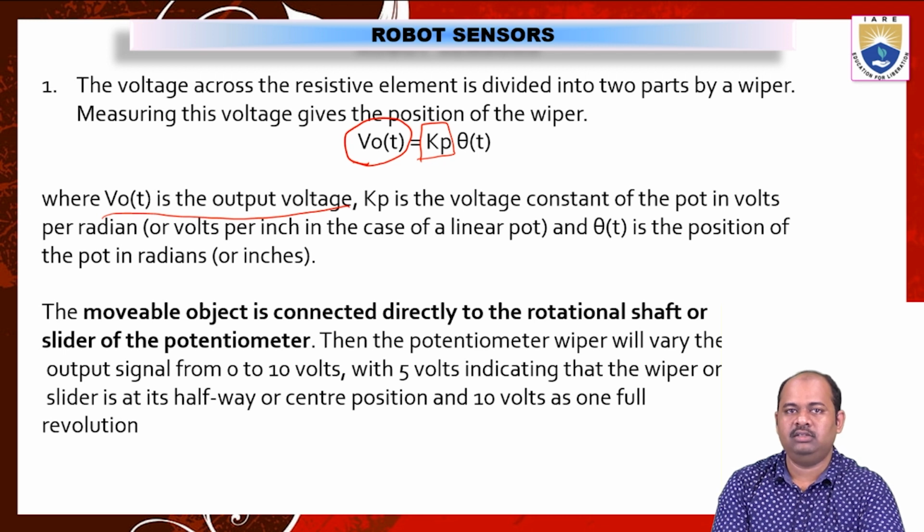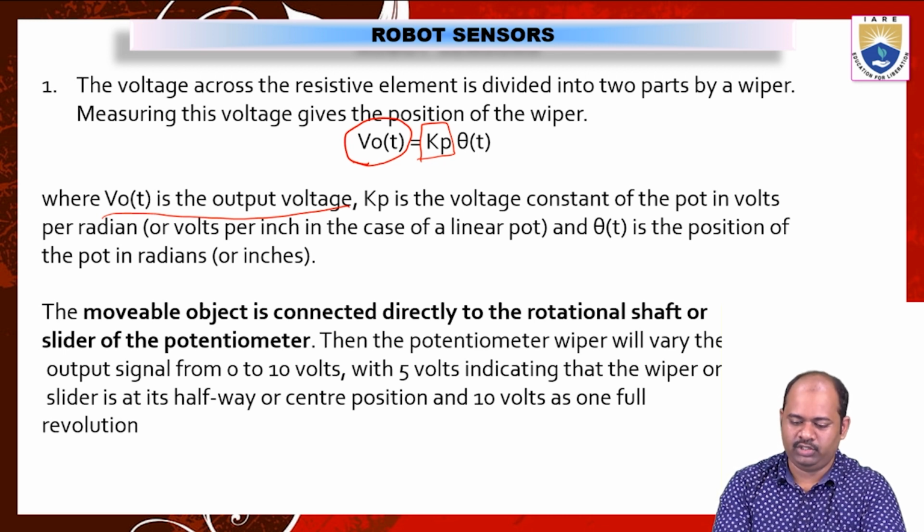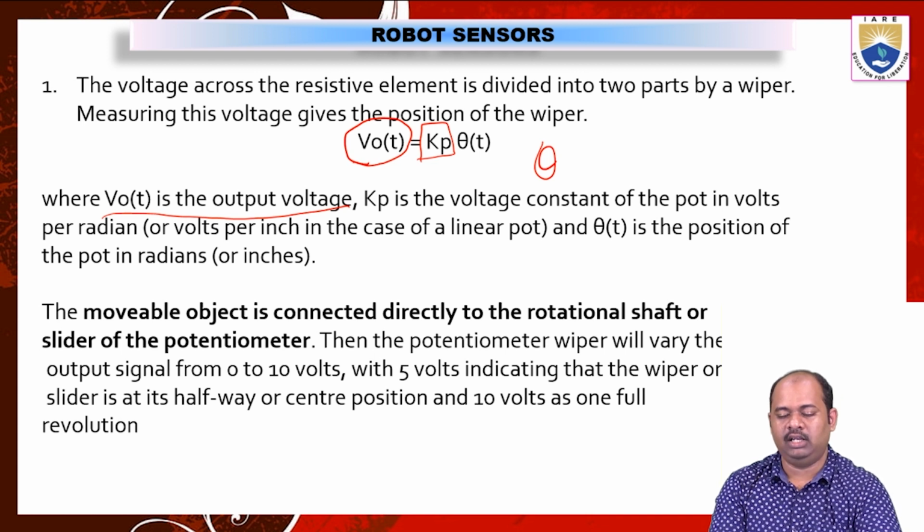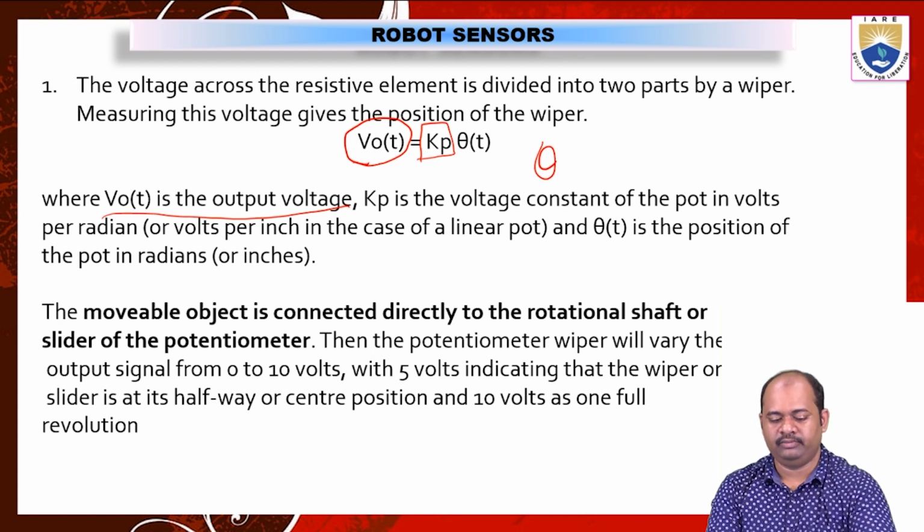So Kp is the constant of the potentiometer and theta of t is the angle through which it is rotated, because the potentiometer is connected to the link of the robot. When the robot is rotating, the wiper of the potentiometer also rotates and it will measure some angle. Now using this formula, we can calculate the angle through which the robot has rotated.